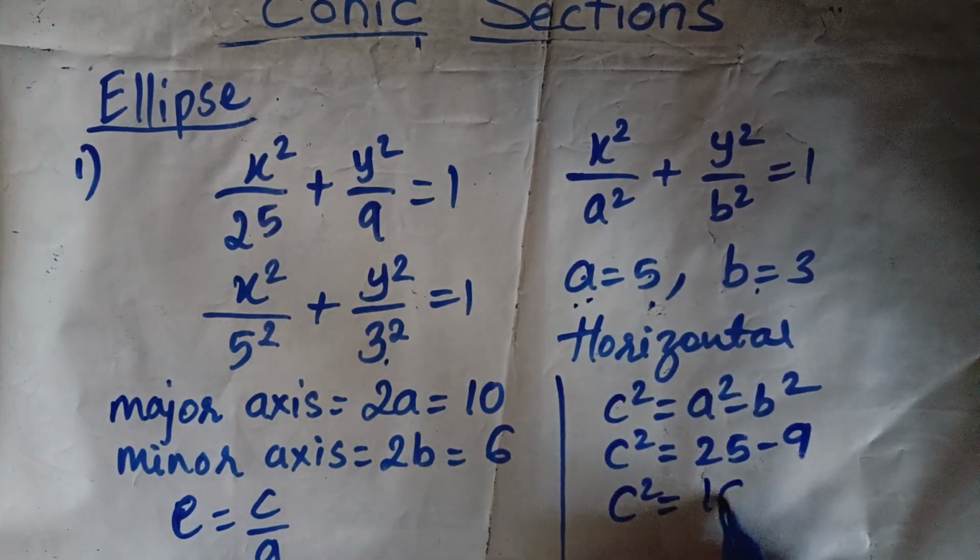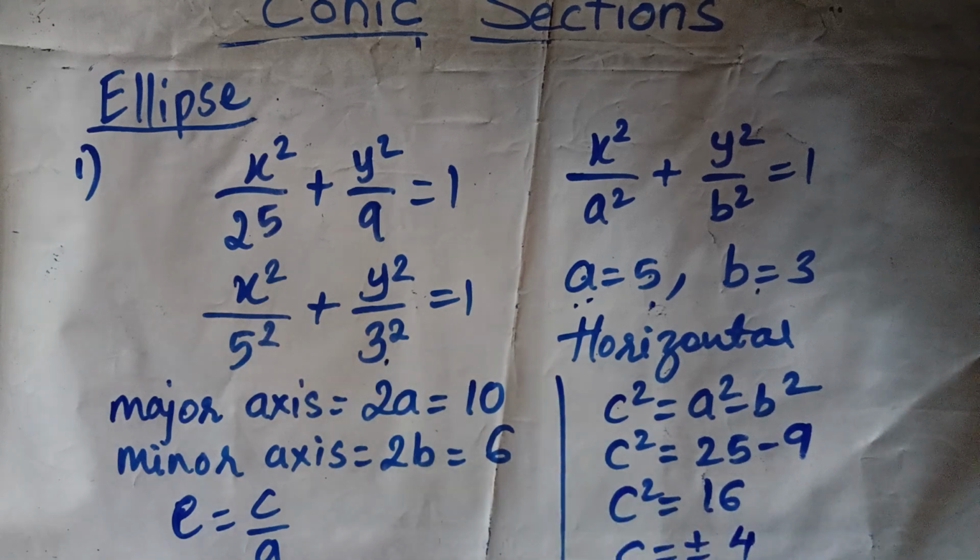So this is 16, c is plus or minus 4. So c is 4, and a is 5.